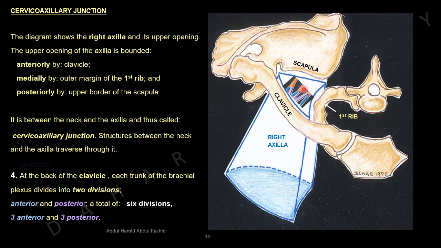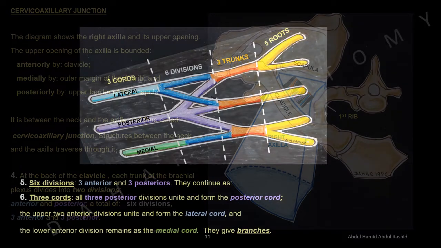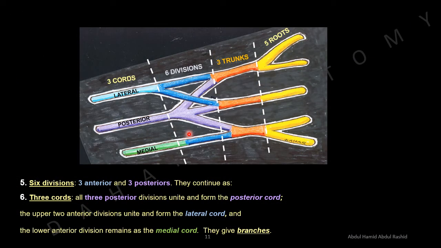So there will be 3 anterior divisions and 3 posterior divisions. A total of 6 divisions will be behind the clavicle, in the cervico-axillary junction.